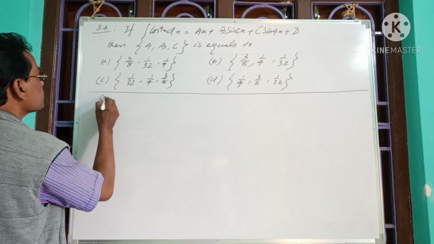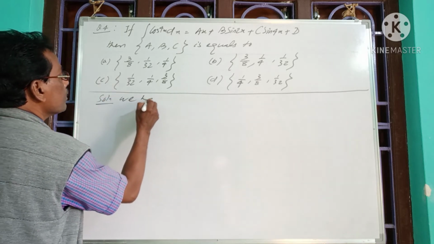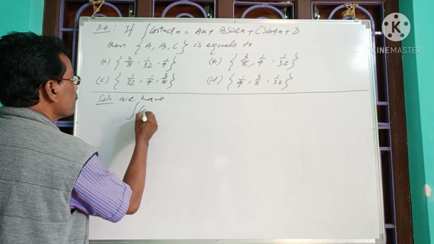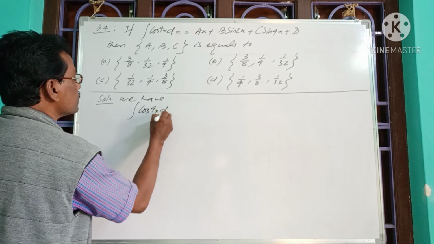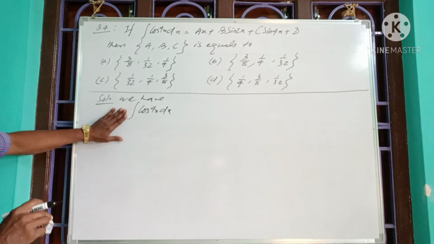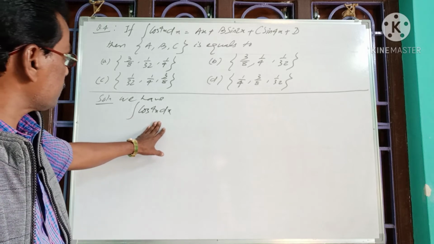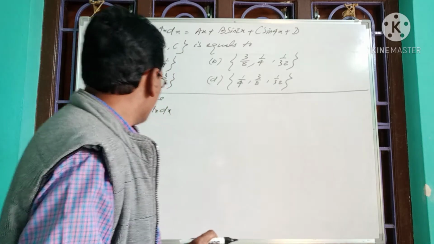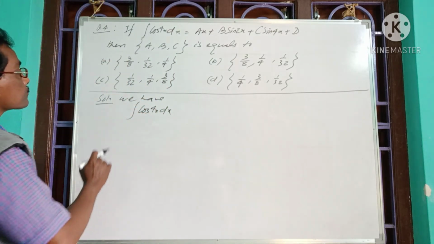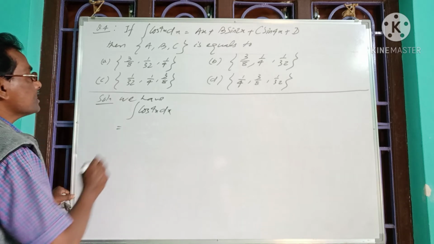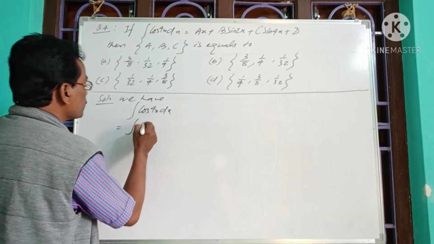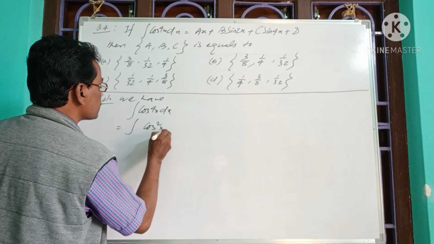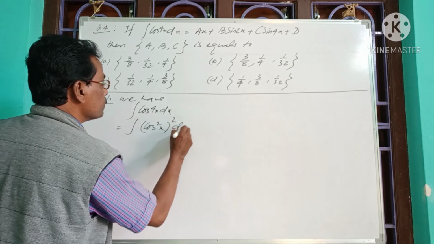That is, we have integration of cos to the power 4 x with respect to x. Here the integrand contains a cosine function with a higher power. So in order to integrate, cos to the power 4 x can be expressed as cos square x whole square.